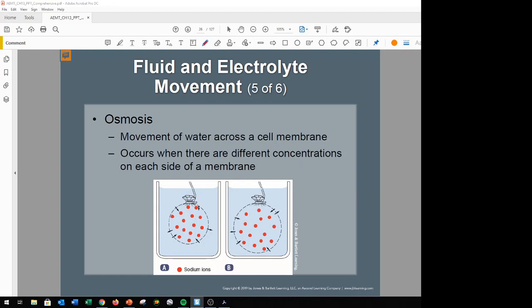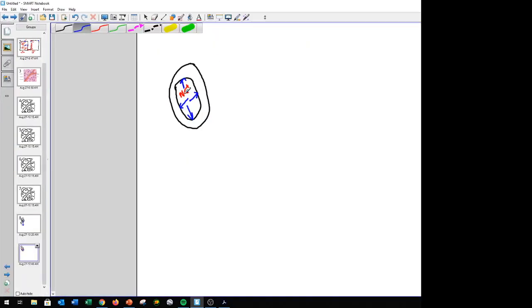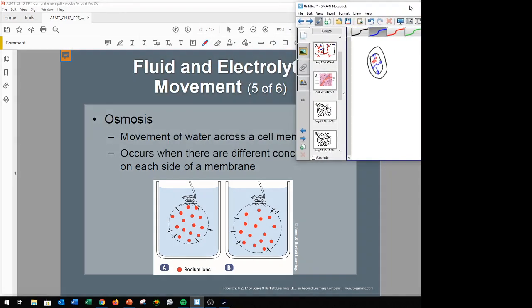So tonicity of the solution affects the osmotic pressure on a cell, and that makes sense from what I just showed you. Because of the sodium right here, we have more sodium inside. The more sodium we have, the more water we're going to draw into the cell, and that affects tonicity.